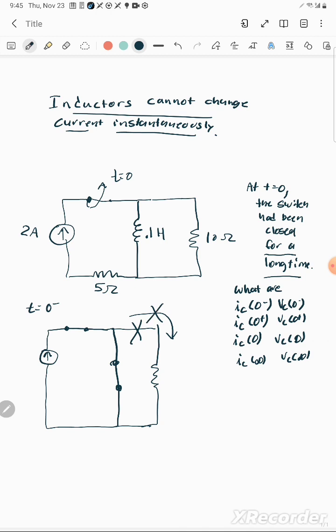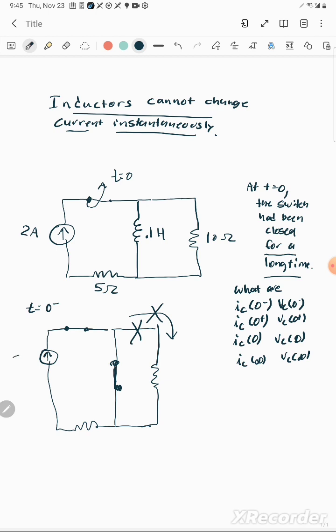So there's no current there because of the short circuit. So when you have a short circuit, the current will always choose to go through the short circuit rather than through some resistor that it's in parallel with, because why would it go through a resistor when it has a short circuit with no resistance at all to go through instead? So here's our inductor, but it's acting just as a straight wire.